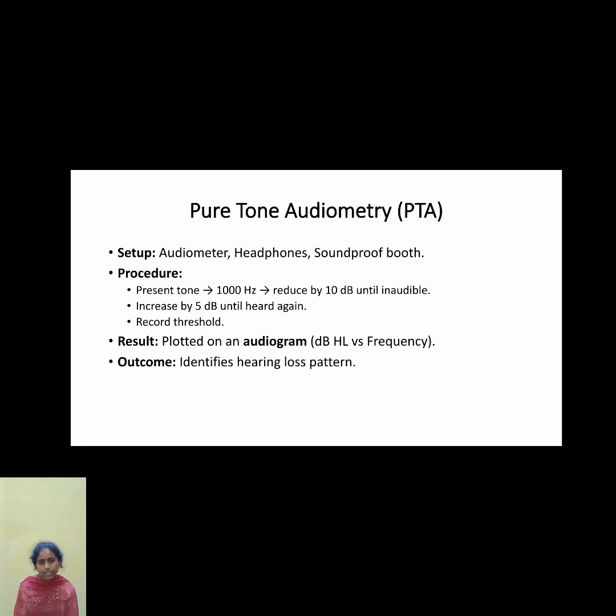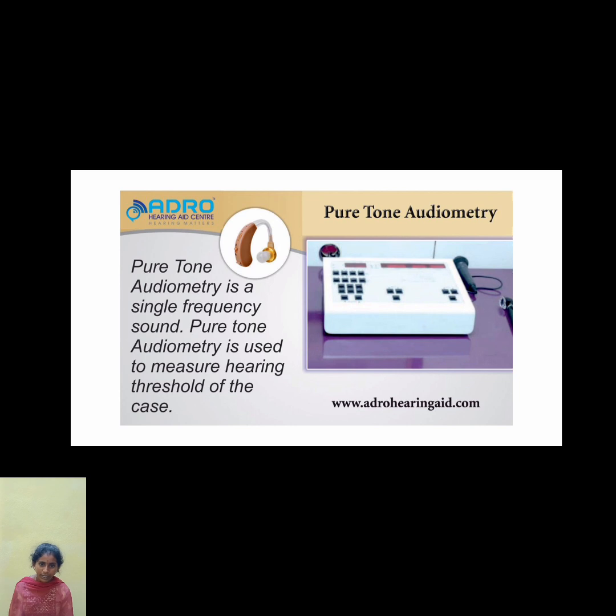Then the intensity is increased by 5 decibels until they hear it again. This process is repeated for frequencies from 250 Hz to 8000 Hz. These results are plotted in an audiogram, which shows the patient's hearing levels across frequencies. PTA helps identify the degree and pattern of hearing loss.